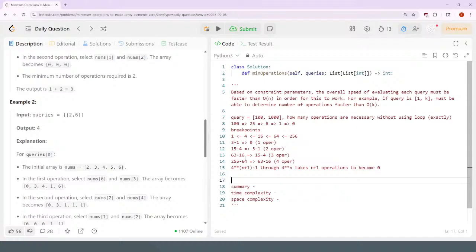So if I had 100 to 1,000, the powers of 4 that are within that range is 256. And that's it, right? 256 times 4 is going to be 1,024.